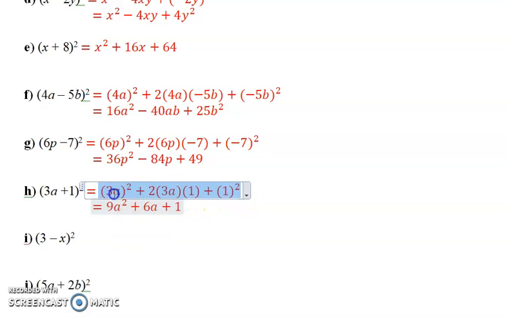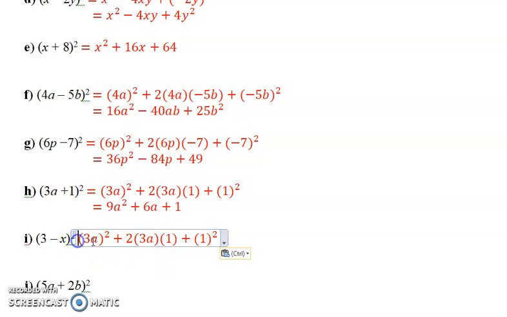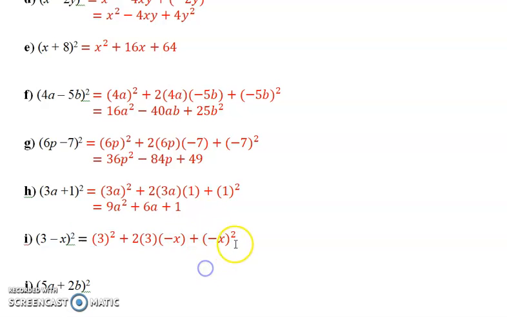There. And we can keep going with this. Sometimes you'll have the x squared term at the end, and that's no big deal. So this just becomes 3 squared plus 2 times 3 times negative x plus negative x squared. And we'll just clean this up.